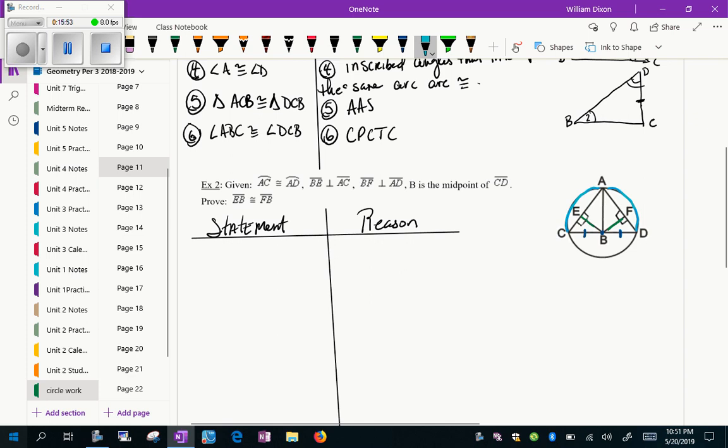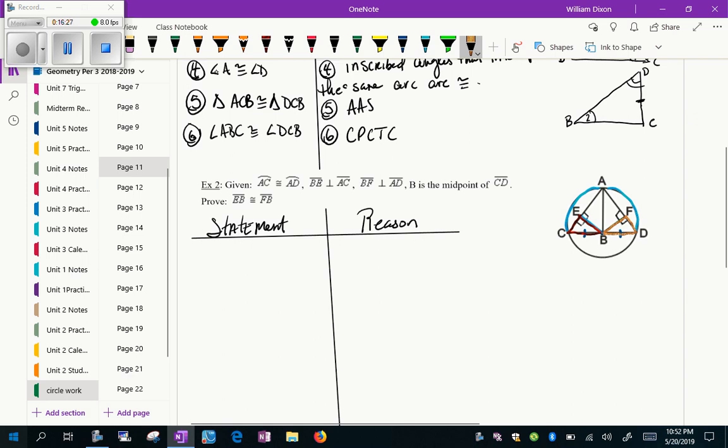So I'm going to prove congruent triangles, and I need to prove that EBC is congruent to FBD. So if I can prove those two triangles are congruent, then I can prove that those two sides EB and FB are congruent.